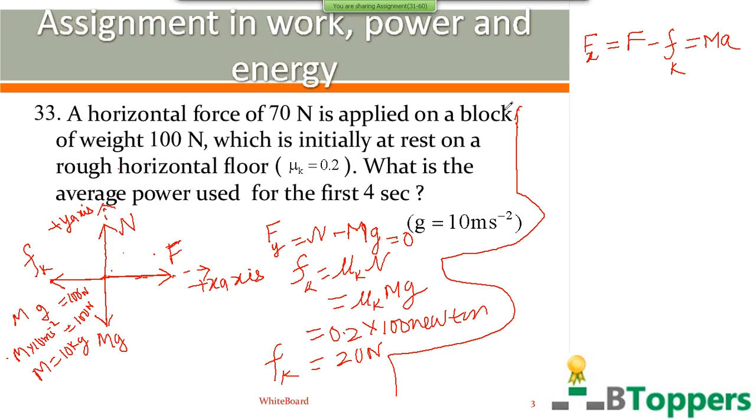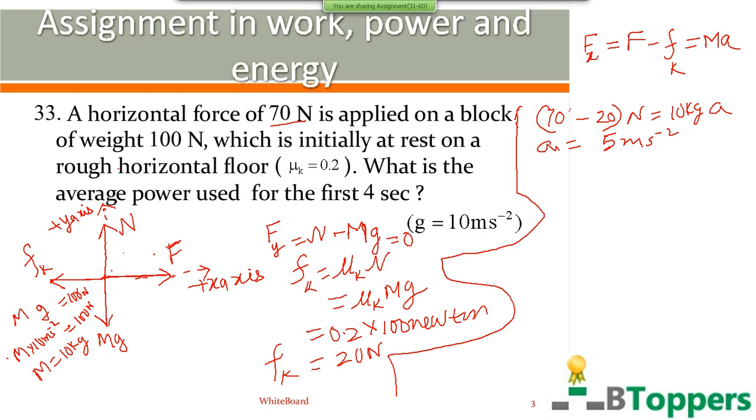You can substitute: the horizontal force applied to the block is given to be 70 newton here. So on the left hand side you can write capital F equal to 70 newton, Fk equal to 20 newton. The mass of the block is 10 kg. So you get the magnitude of the acceleration of the block as 5 meters per second square.